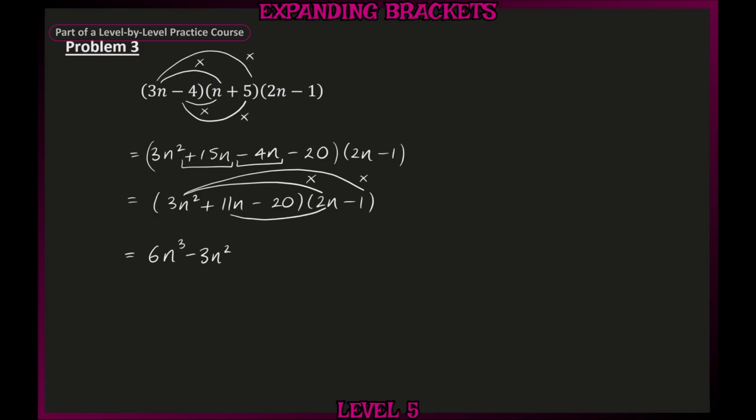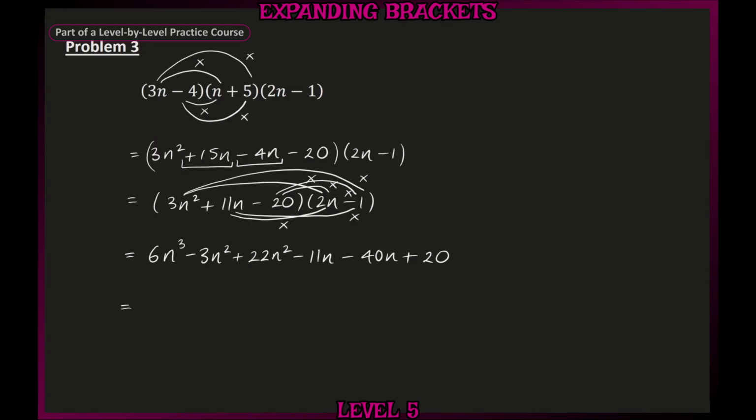Next, 11n multiplied by 2n, so 11 times 2 is 22, and n times n is n squared, so we have 22n squared. 11n multiplied by minus 1 next gives us minus 11n, and moving on to the minus 20, we have minus 20 times 2n, which is minus 40n, and finally minus 20 multiplied by minus 1 is plus, because we have two minuses multiplying together, and 20 times 1 is 20.